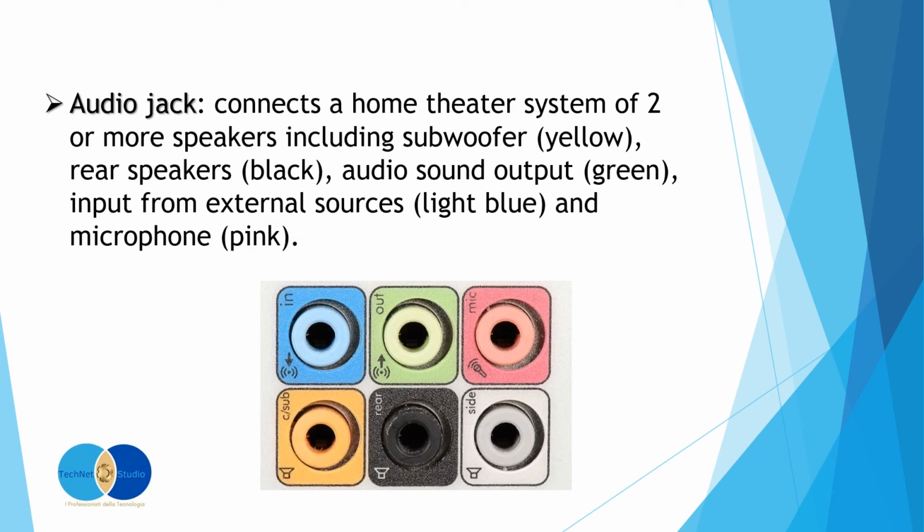The jacks represent a slide apart because the audio jack connects a home theater system of 2 or more speakers, including subwoofer, which are connected to the yellow port, the rear speakers, which are connected to the black port, the audio sound output, which is connected to the green port, the input from external sources, which is connected to the light blue, and last is the microphone, which is connected to the pink port.